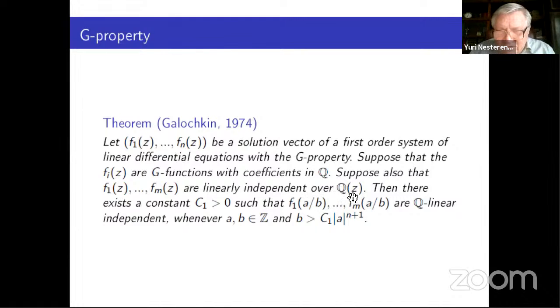Then there exists a constant such that these values at a rational point A over B are linearly independent over rational numbers whenever A and B are integers and B is essentially larger than A. Only with this condition is it possible to prove anything about linear independence. We have no such condition in the case of E functions.